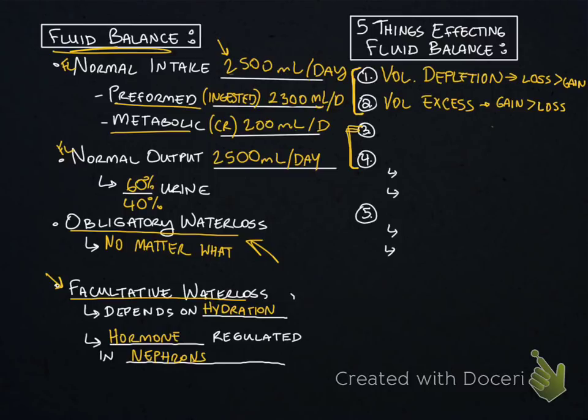Or renal failure. If your kidneys aren't working right, it means you're not getting rid of enough fluid, right? So here, the concentrations stay the same. Now the next 2, we see a change in concentration.